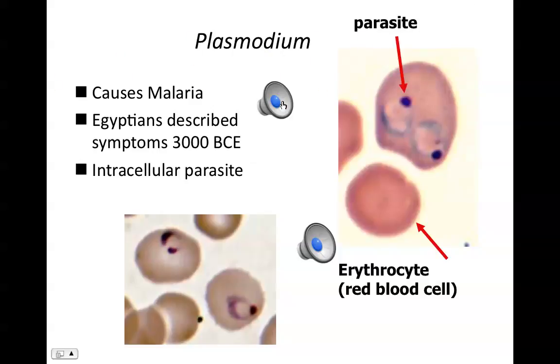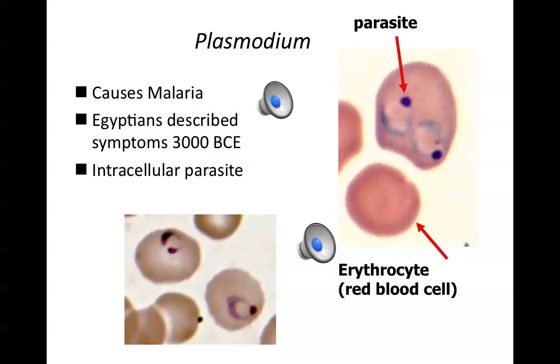Plasmodium species cause malaria. The symptoms of malaria are fever and chills. The chills are so severe, the patients have been known to shake themselves off the bed. And with the fever, very profuse sweating occurs, to the point of a tremendous loss of body fluid.